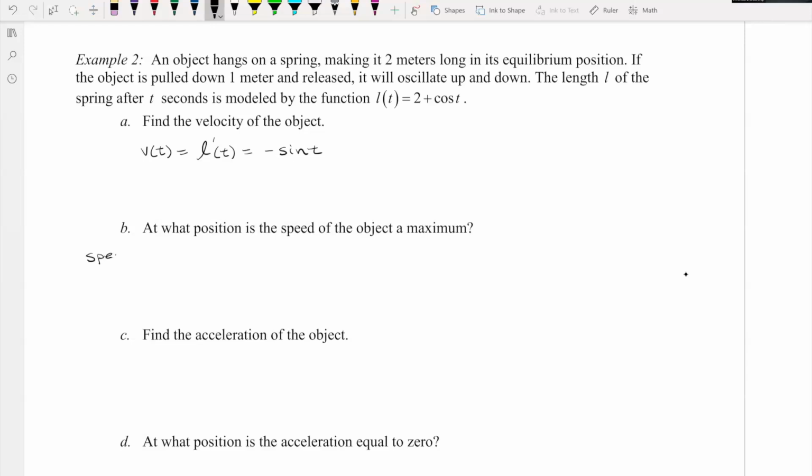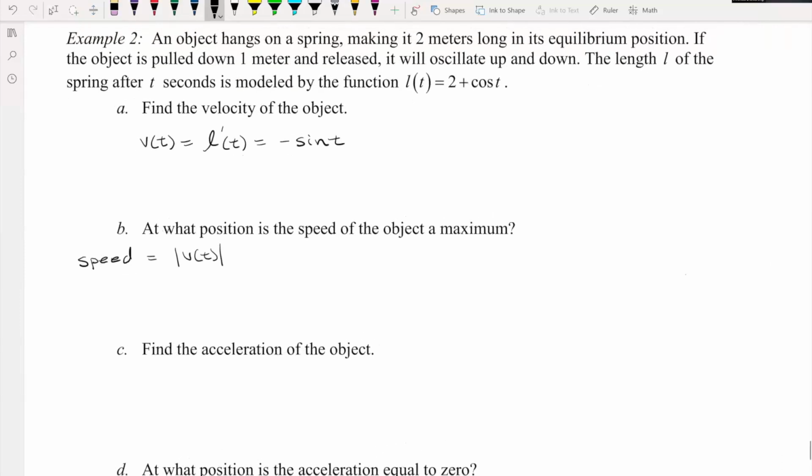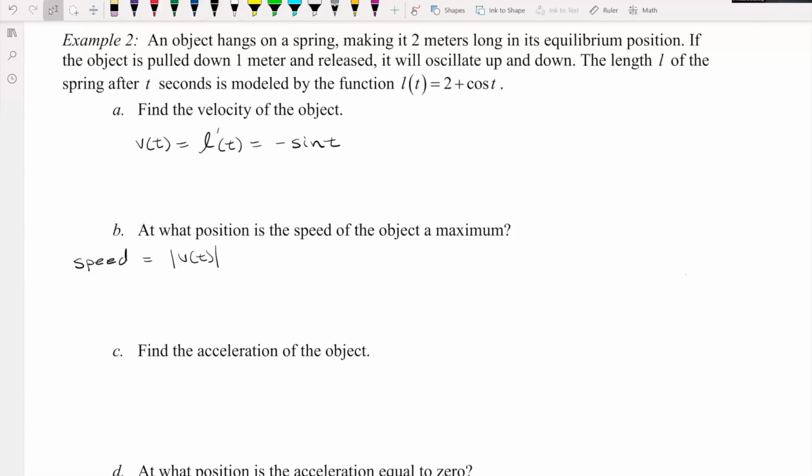Speed is equal to the absolute value of velocity. That's what speed is. Remember, velocity has direction from the origin included in it as a positive or a negative, but the speed is simply the absolute value of that.